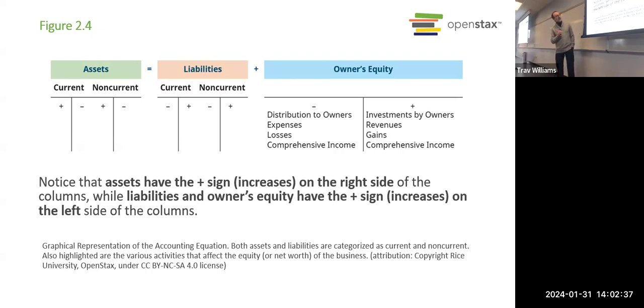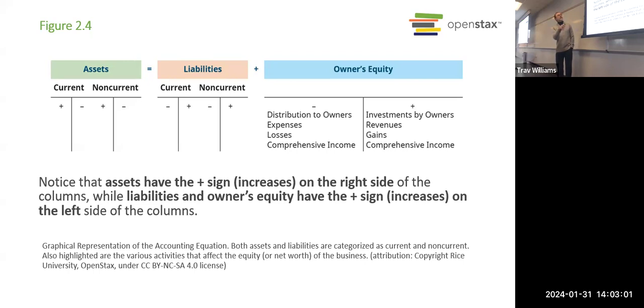So I'll give you the basic idea. With assets, when an asset increases, you record it in the debit column. When an asset goes down or decreases, you record it in the credit column. Debit's on the left, credit's on the right, okay?